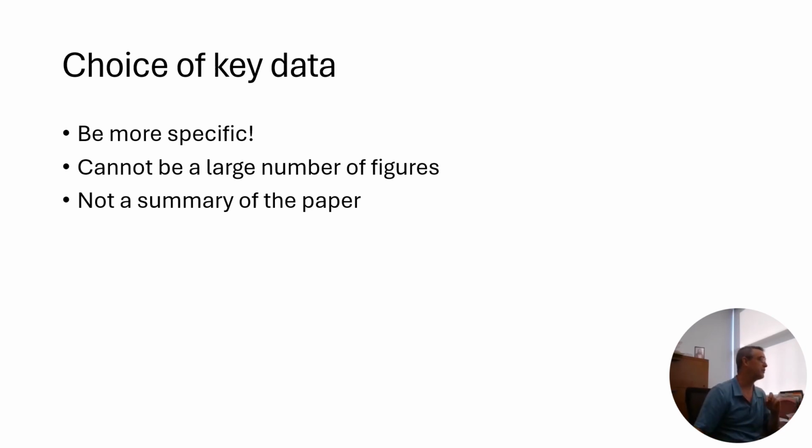Another thing that's happening is a few students are summarizing the paper. Summarizing the paper is not describing the key data. Those are not the same question. The key data might be in a summary of the paper, but it is not a summary of the paper, and it is not a justification of the key data, which is what these questions are about.